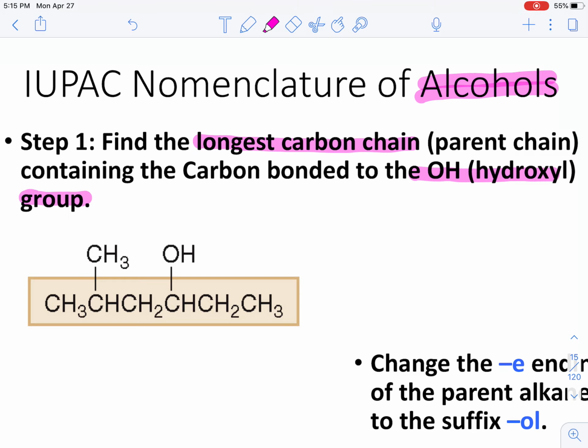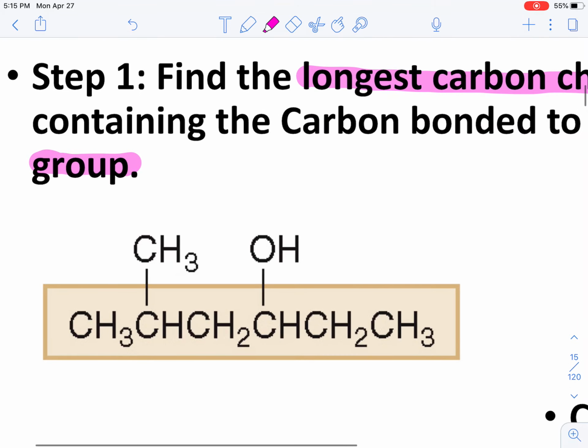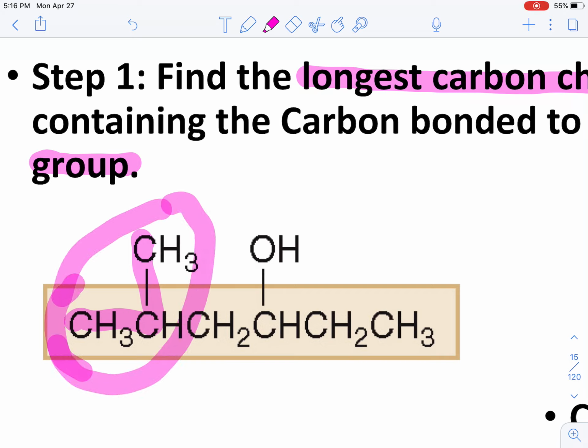group. Looking at this example, there are two ways that we can identify a chain of carbons. One is the path that's already been circled and highlighted for us, or we can look at this path. If we were to use this as our parent chain, just for argument's sake, notice that this parent chain does not contain the alcohol.